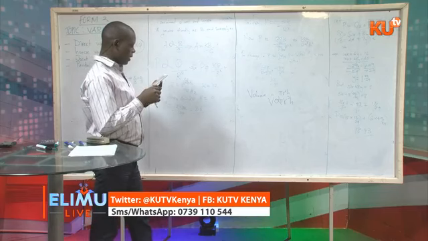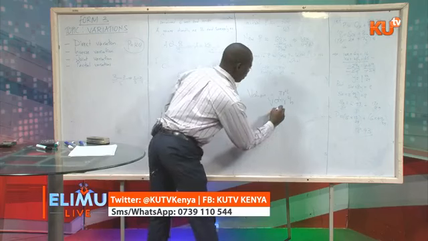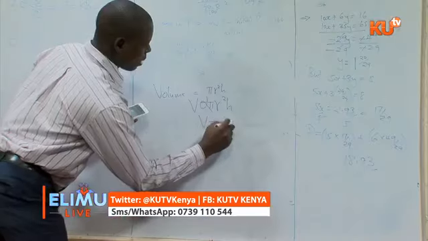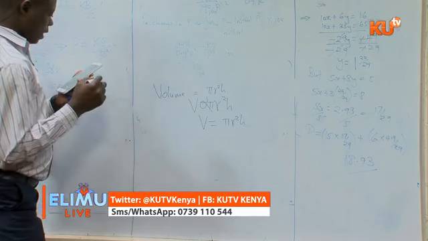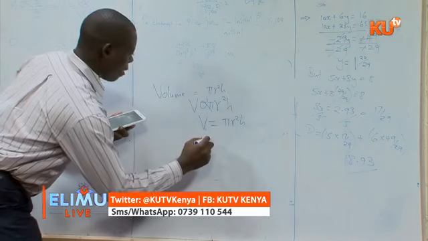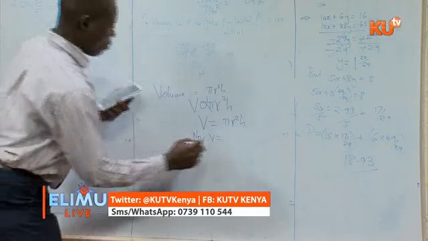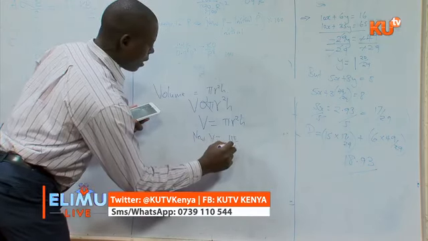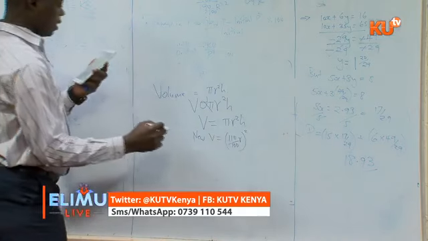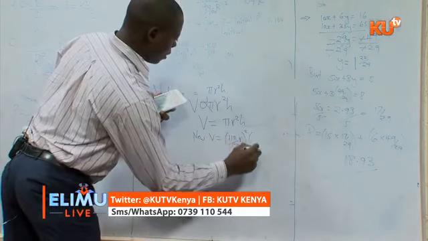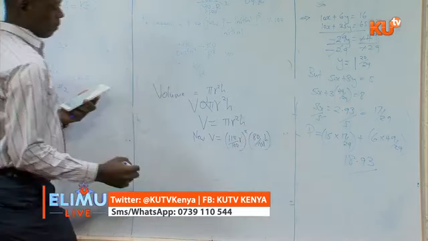If the radius is increased by 10 and the height decreased by 20, so V is pi r squared h. So when we increase the radius by 10, our new V will be 110 over 100 r squared, and the height is decreased by 20, so now we have 80 over 100 h.